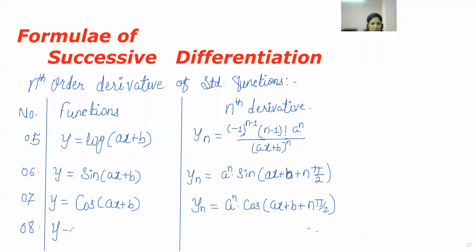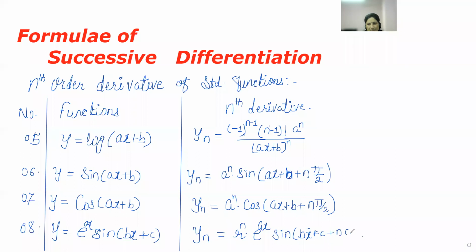If y equals e raised to ax into sine of (bx plus c), then its nth order derivative yn is equal to r raised to n, e raised to ax, sine of (bx plus c plus n phi).